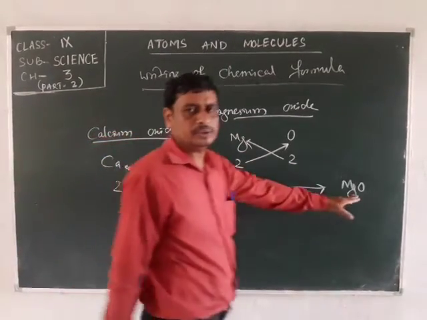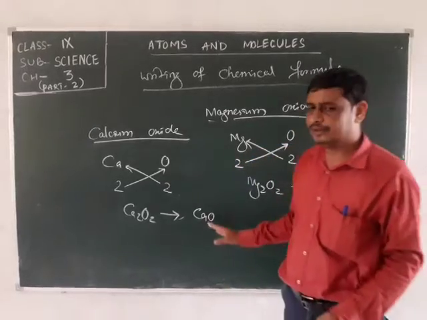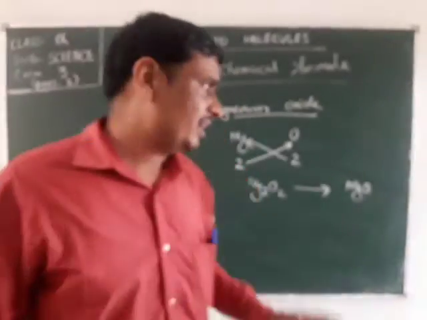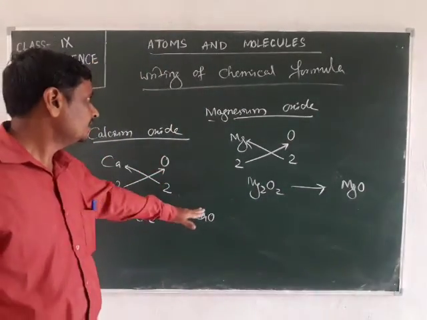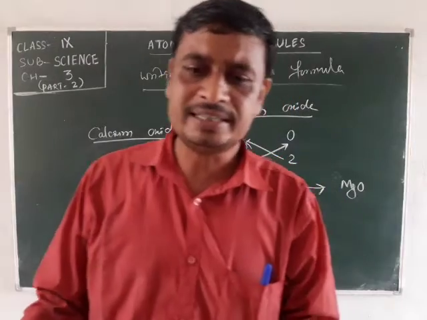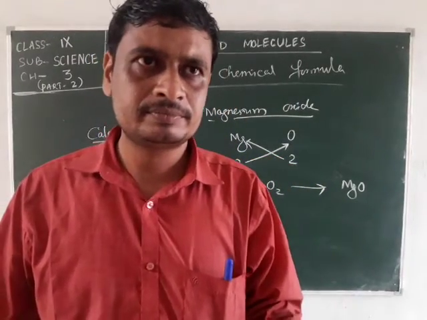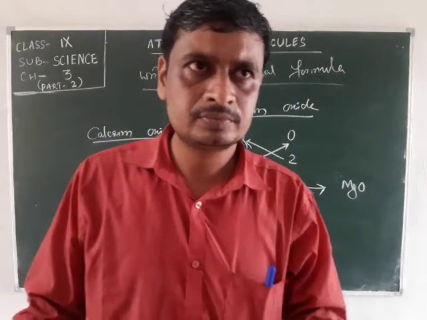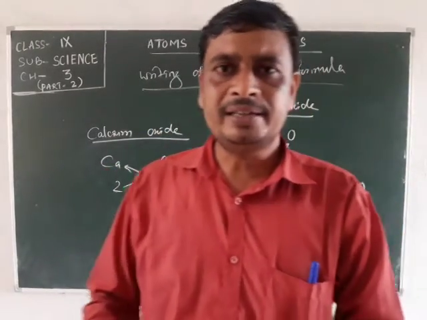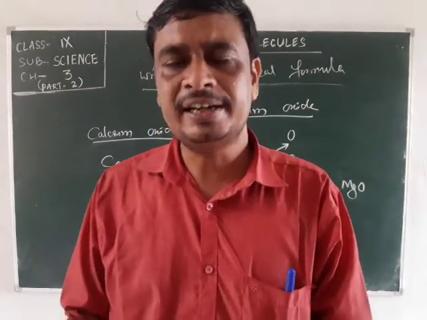MgO is magnesium oxide, whereas CaO is calcium oxide. In this process, we can generate the chemical formula of any compound. This method is known as the crisscross method. The remaining part, the mole concept, we will read in the next class.